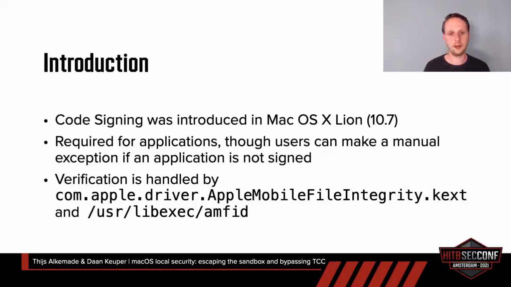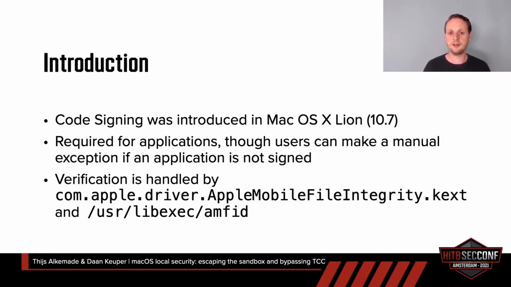It was introduced in macOS Lion, which was a long time ago. It's currently required if users would like to install an application that it's signed by Apple. Users still have the option to also install applications that are unsigned, but they have to explicitly approve running that app in the privacy and security settings.